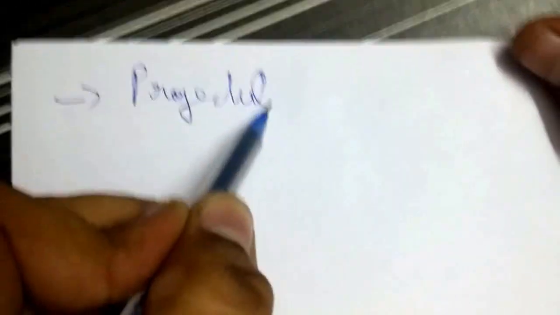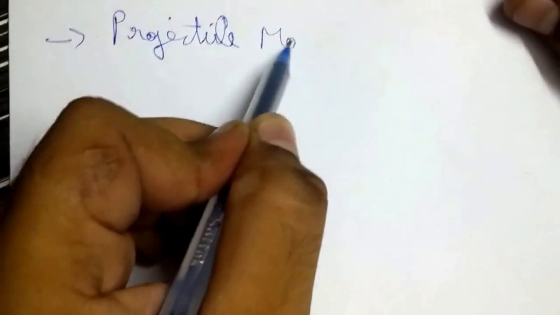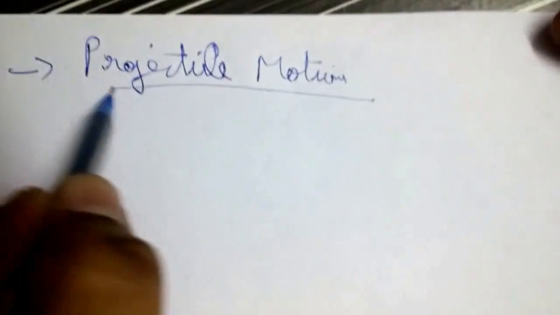Let us now discuss the concept of projectile motion. We will derive in this lecture the equations of time and distance, that is horizontal distance covered and vertical distance covered in a projectile motion.